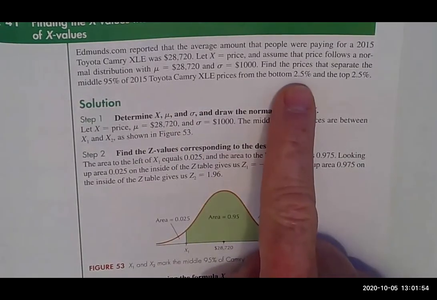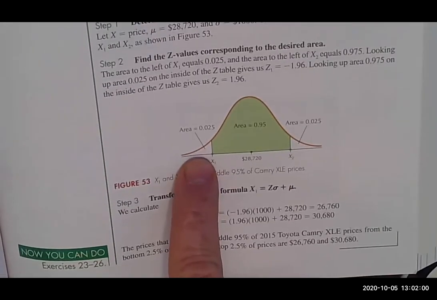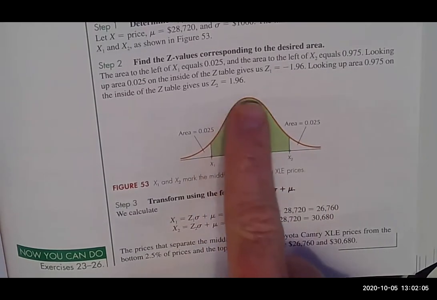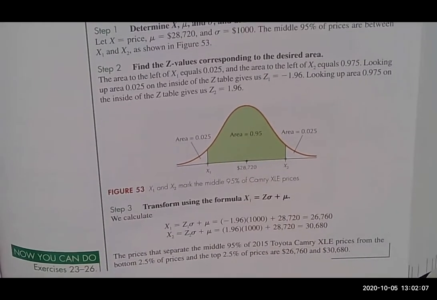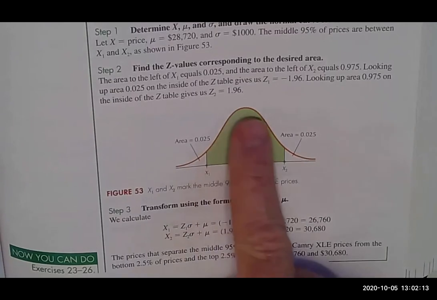And they said the bottom 2.5% and the top 2.5%. The bottom 2.5% is down there, and the top 2.5% is right there. So think of it: 2.5 plus 2.5 is 5%. The leftover is 95% in the middle.